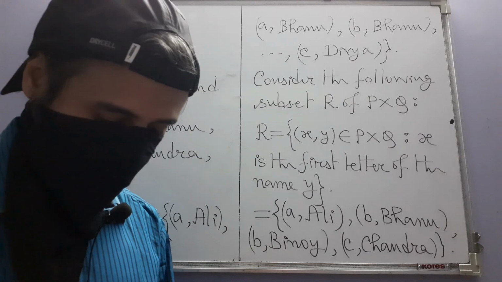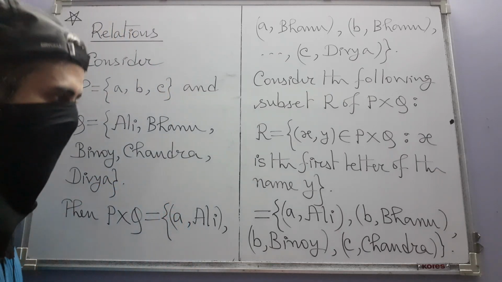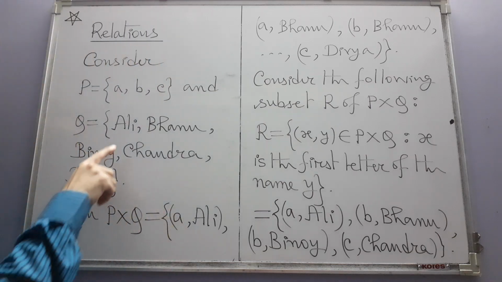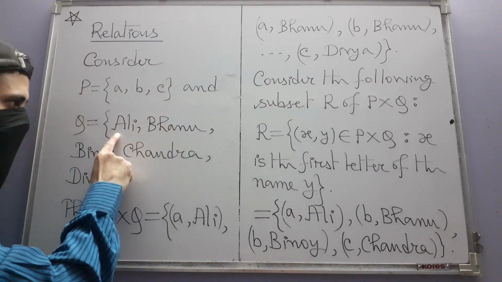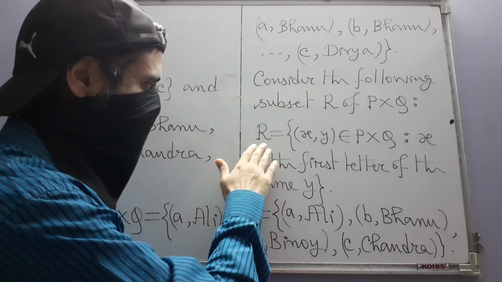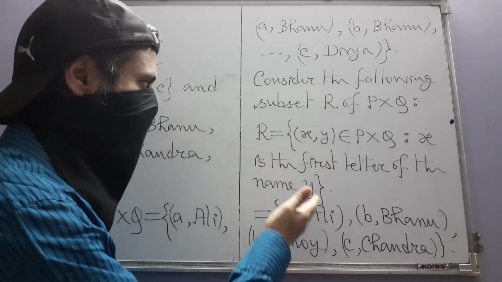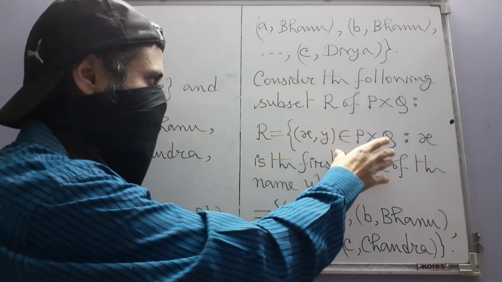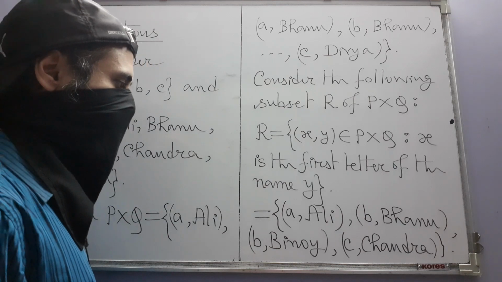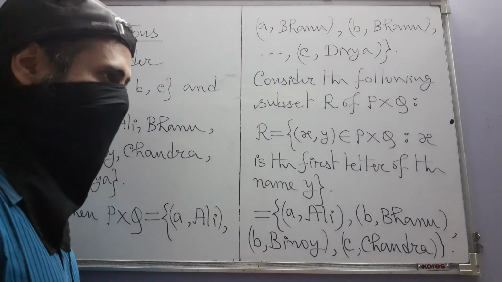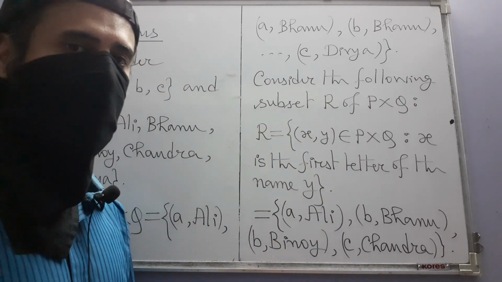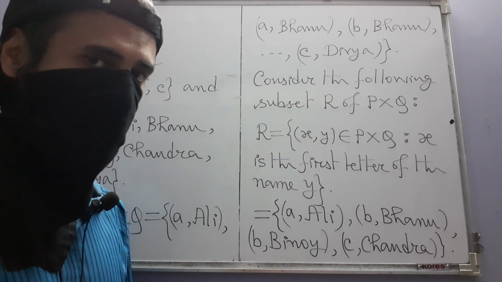So you can see that we have, in fact, described a relation between the elements of P and the elements of Q, this specific relation. And we have been able to describe this relation in such a way that it has become a subset of the Cartesian product of P and Q. And this motivates us to define relations in general as subsets of a Cartesian product of two sets.